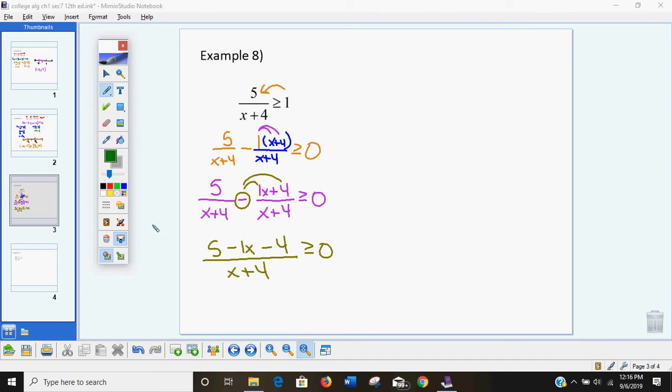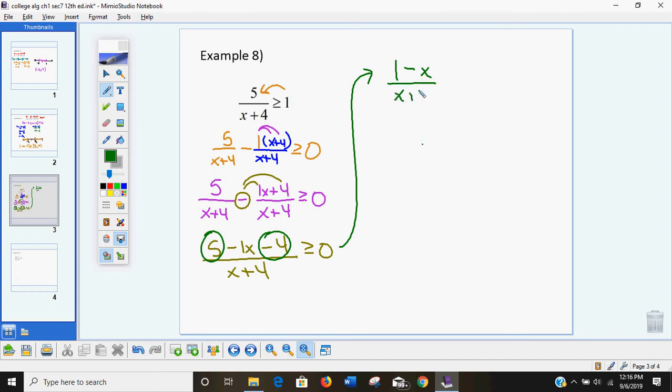So let's simplify the numerator. Let's go up here. I have a 5 and a negative 4. So positive 5, negative 4 gives me a positive 1. And then I still have my negative x all over x plus 4 is greater than or equal to 0.